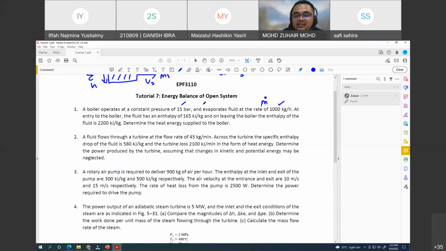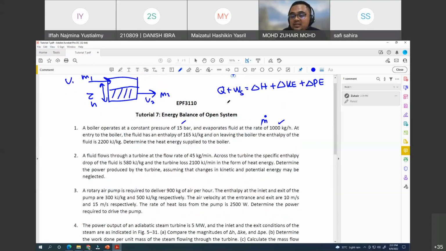Like I said before, in the closed system it is about internal energy, but for the open system it is more about the enthalpy. So enthalpy 1 is 165 kilojoule per kg. And leaving the boiler, the enthalpy 2 is 2200 kilojoule per kg. So determine the heat energy supplied to the boiler.